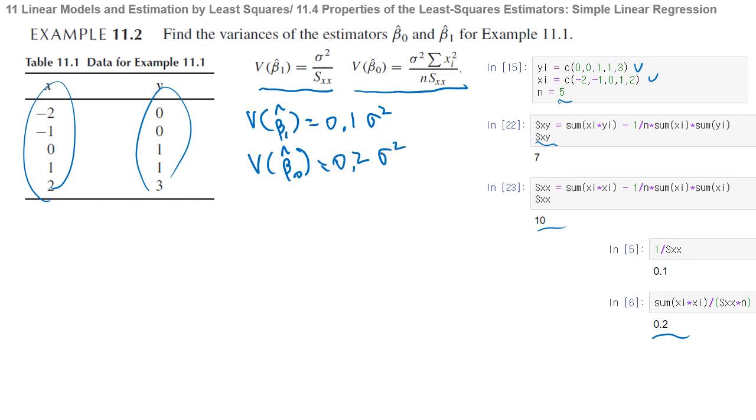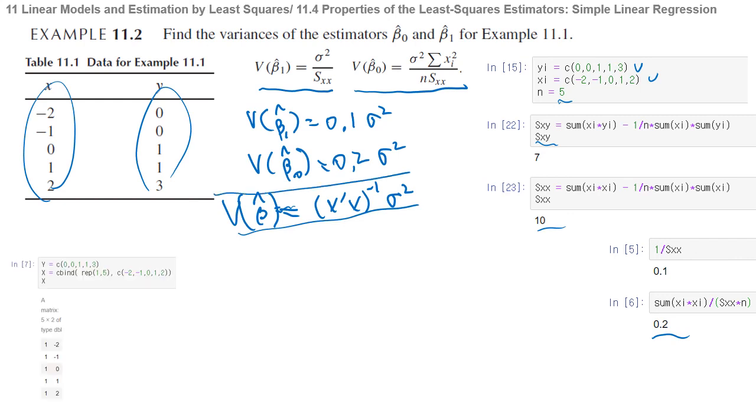And you can also derive the same thing a different way. The variance of beta hat is (X transpose X) inverse sigma square, so you can find this matrix directly. If you use this matrix form, you first write your X matrix this way, and then you calculate X transpose X inverse.